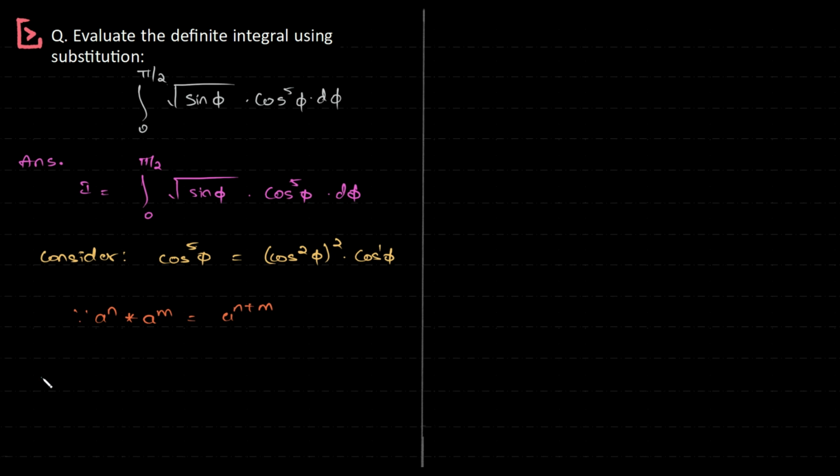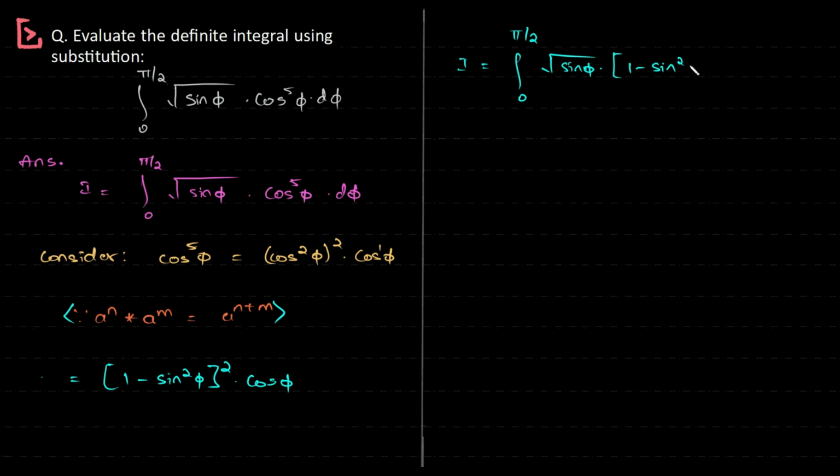So now what do we have? After this I also need to do this. Cos square phi is nothing but 1 minus sine square phi, the whole square into cos phi. So your integration will start looking like 0 to pi by 2 square root of sine phi into (1 minus sine square phi) the whole square cos phi d phi.